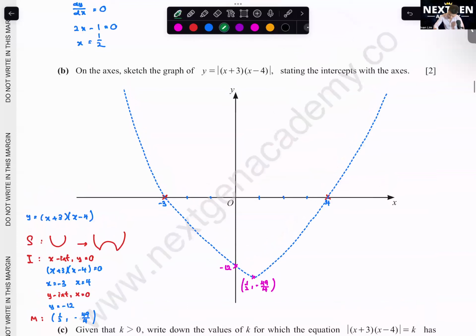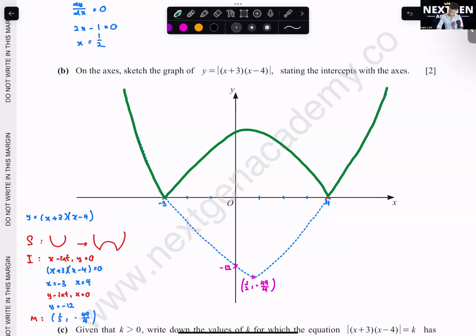Yeah, drawing in green color. Okay, like this. Label this.